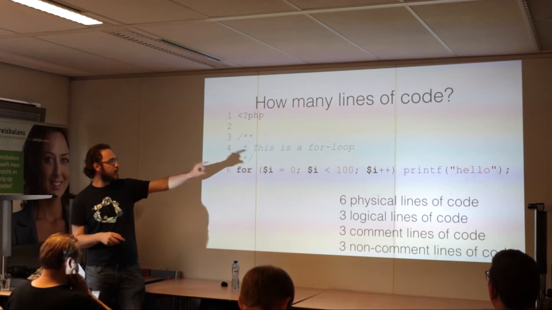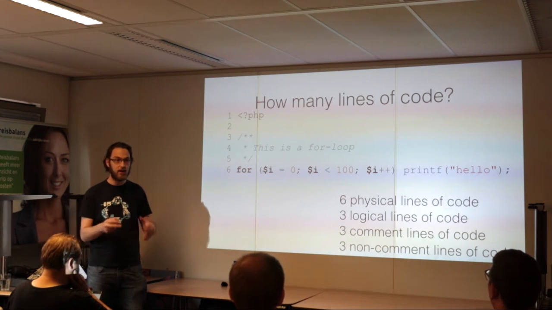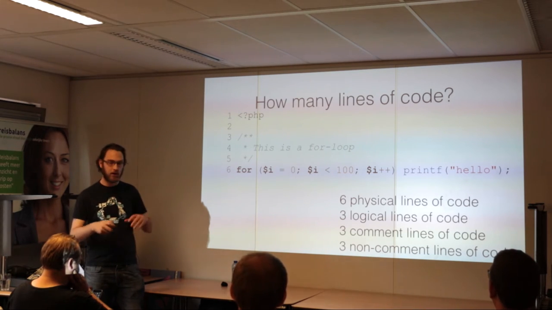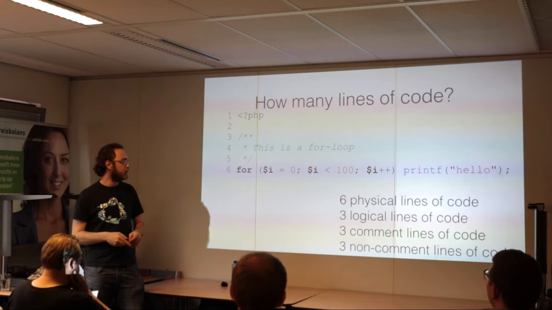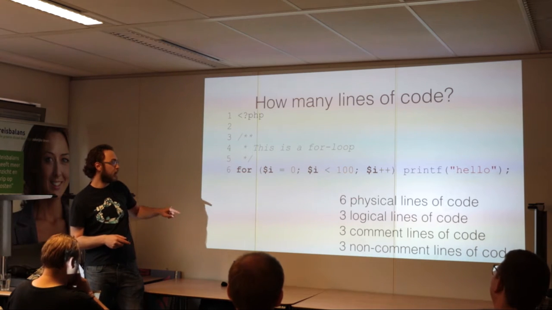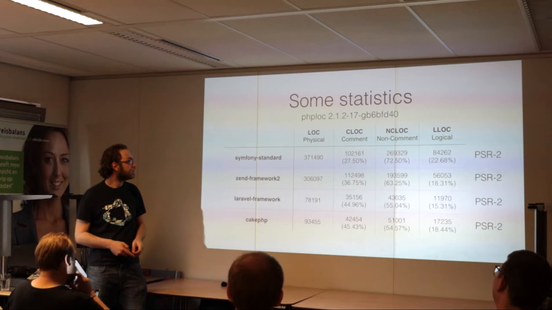Because the for loop and the print statement are on the same line, you could write complete PHP applications on one line. But they have different logical things wrapped around them. So there are 3 logical lines of code, 3 lines of comment, and 3 non-comment lines, including the white space.